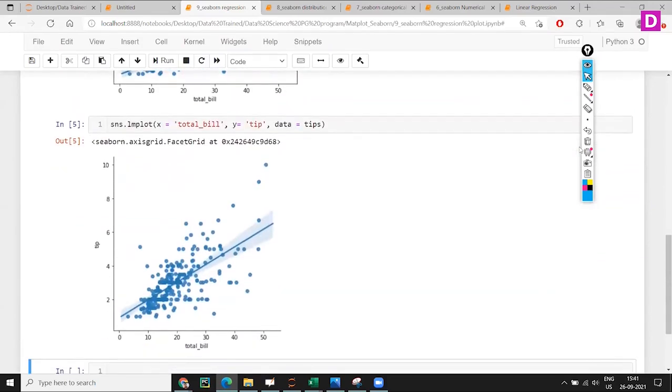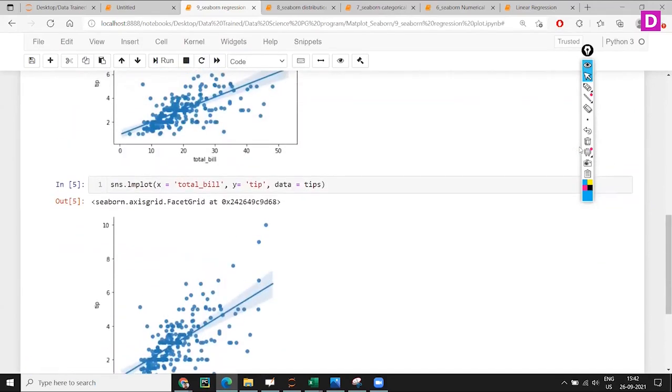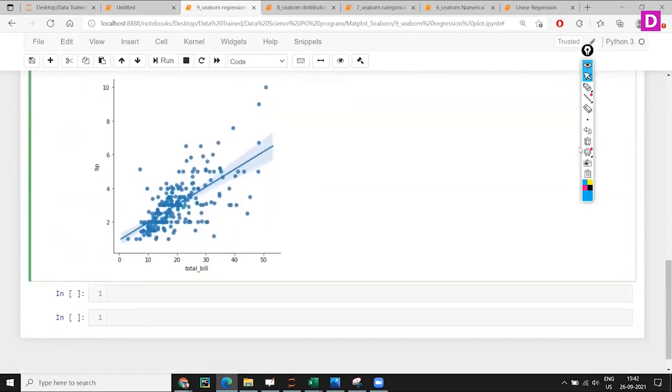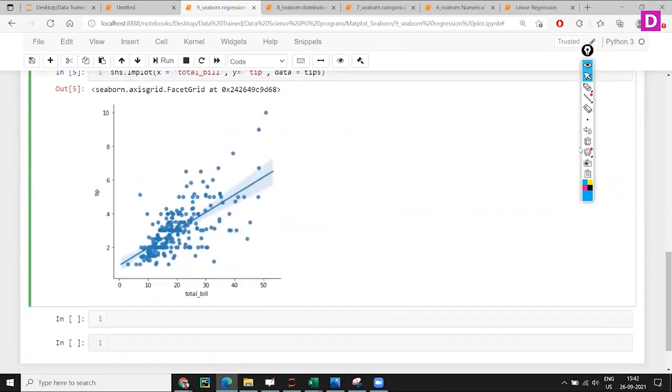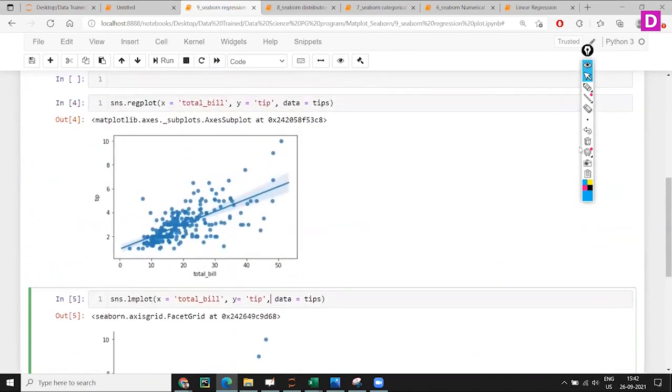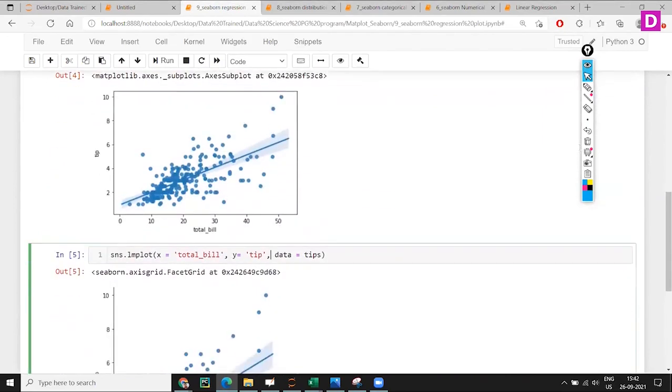It's almost the same. The only thing is maybe inside there could be some parameter differences for designing and other things. Otherwise, I don't personally see any difference here. So either you can use a reg plot or an LM plot, and if you want to use a scatter plot, we often come across this one, scatter plot, most of the time.